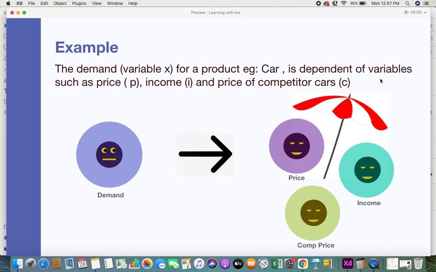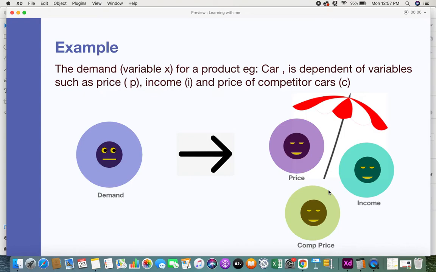So the demand variable is dependent on some other variables, which are price, income of the particular person purchasing the car, and the price of competitor cars. So all these are going to be the independent variables, and these factors definitely will affect the variable which is demand. So demand is dependent on the independent variables.